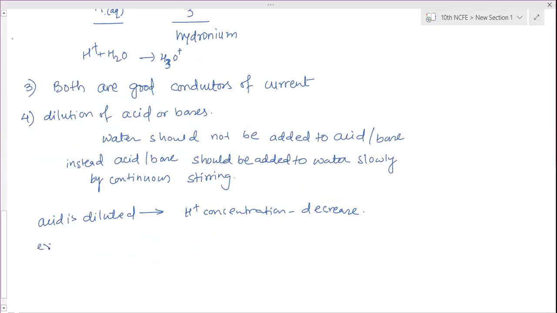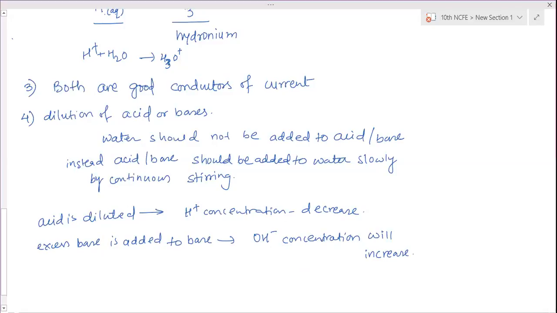And when excess base is added to base, the OH minus concentration will increase. Then these are the common properties between acids and bases.